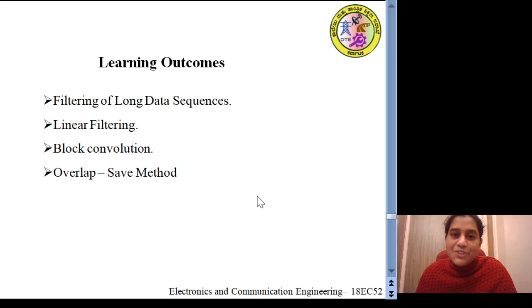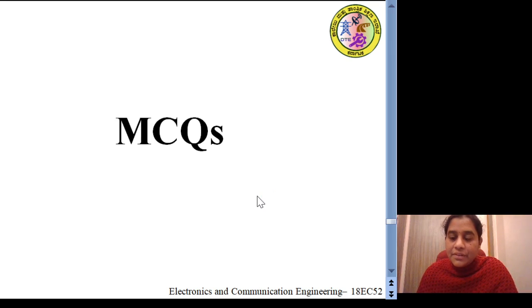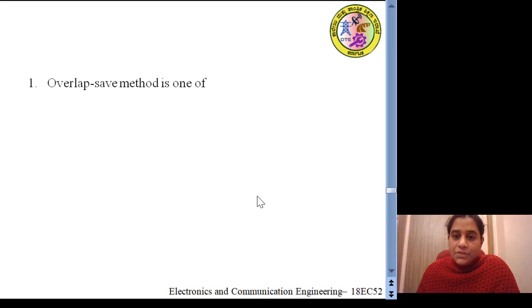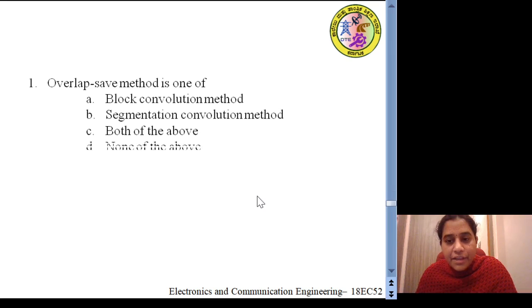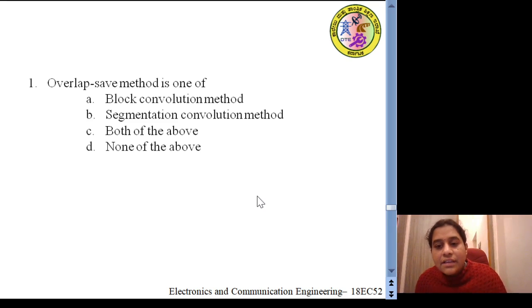Let's see some multiple choice questions. The first question is, overlap save method is one of: block convolution method, segmentation convolution method, both of the above, or none of the above. In the discussion, I said our overlap save method is a kind of linear filtering operation for a long data sequence.